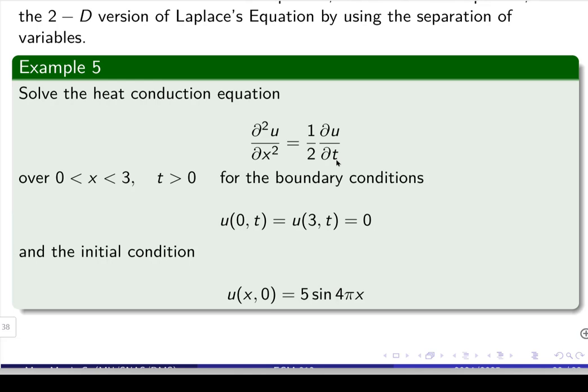Then you have just a constant here, a scaling constant, which we can think of as the diffusibility. If you were to simulate and try changing this constant, you will see how the temperature will be behaving.